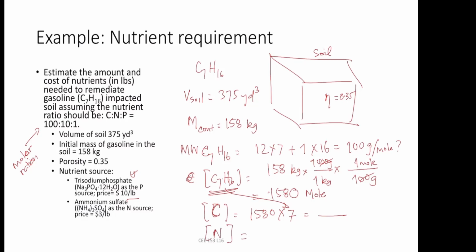For 100 carbon, you have 10 nitrogen, so 1/10 of carbon is nitrogen. So that will be 1580 times 7 divided by 10. And for phosphorus, it will be 1/100th of carbon. So this will be 1580 times 7 divided by 100, because the ratio is 100 to 1. So you get the numbers in moles.